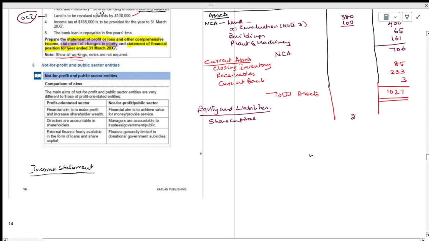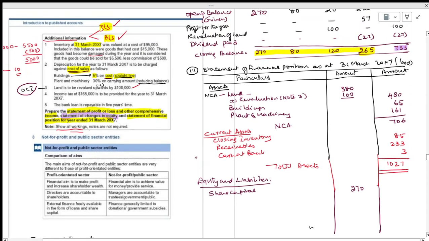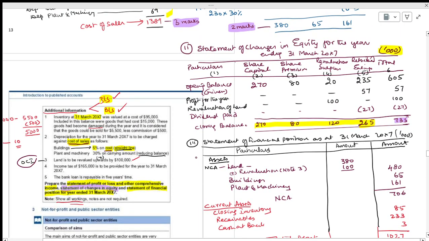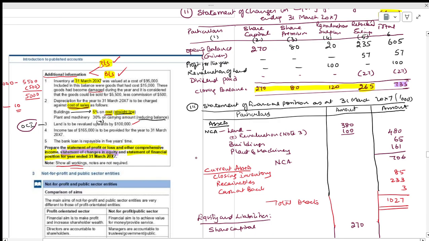I am writing it here, and I will total it. You can use this second column for additions, for our convenience. The only thing is you should have a clear understanding of what you are doing. That's very important. Next, share premium is how much? 80.